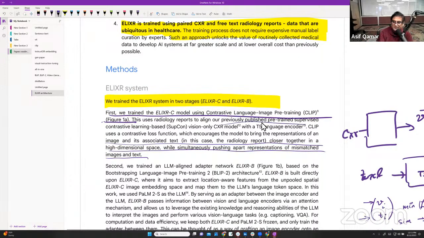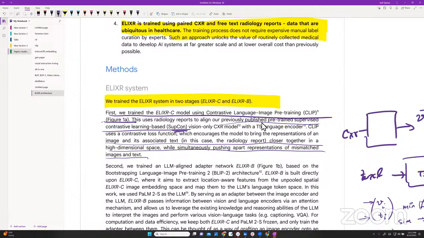They used a contrastive learning based SuperCon. SuperCon is their CLIP, effectively. SuperCon is their CLIP trained on chest X-ray data. Yes, this is important for us because we cannot train a model from scratch. So we have to pick up a baseline and then fine tune it.